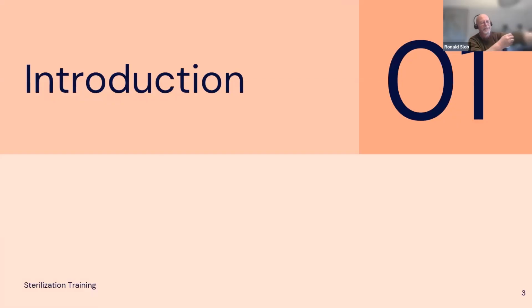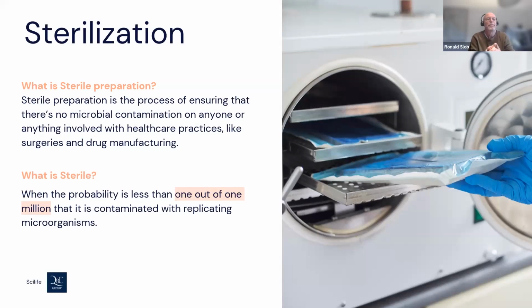So, the introduction we just had. I want to start by talking about the terminology of sterilization. What is really sterile preparation? Sterile preparation is a process that ensures there's no biochemical or microbial contamination of anything involved in healthcare practices. There's a difficulty in showing that something is actually sterile, because if you want a test method, you need something sterile to test in.